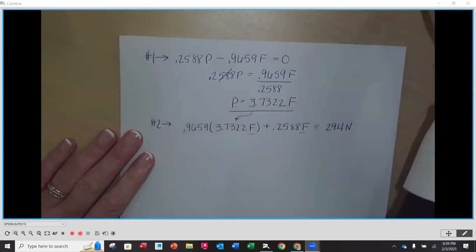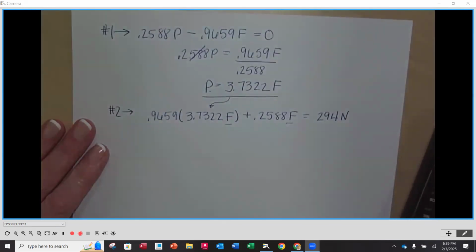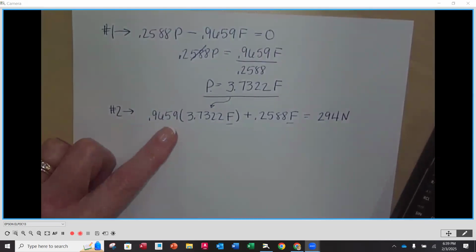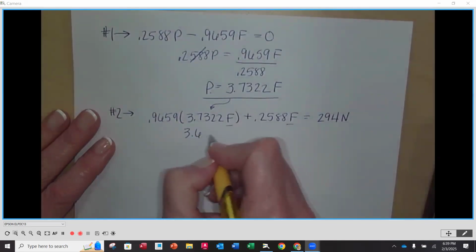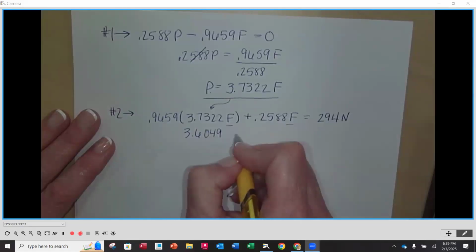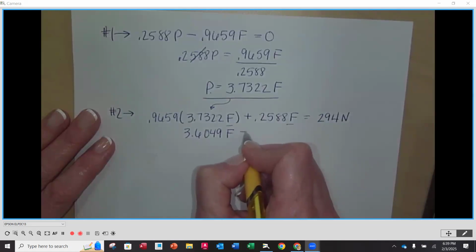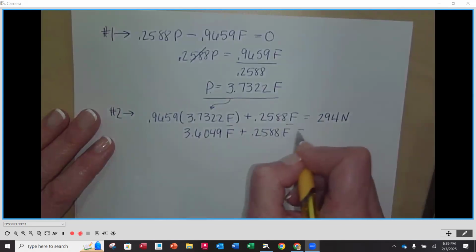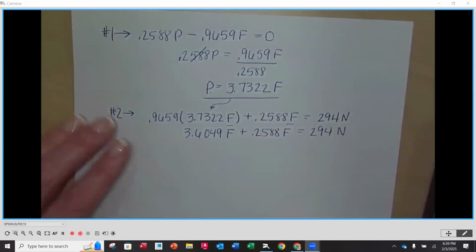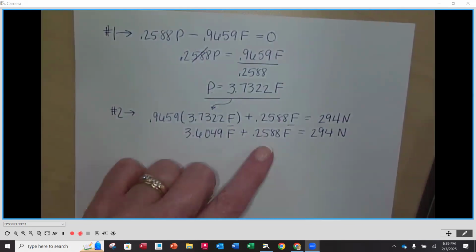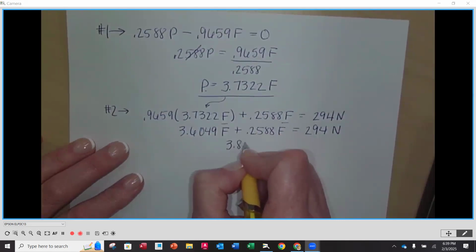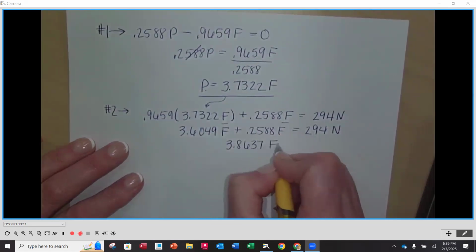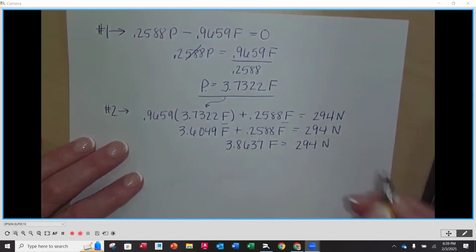I do need to multiply that out. So I've got 0.9659 times 3.7322F. Then I can combine these two, and I get 3.8637F is equal to 294 newtons.